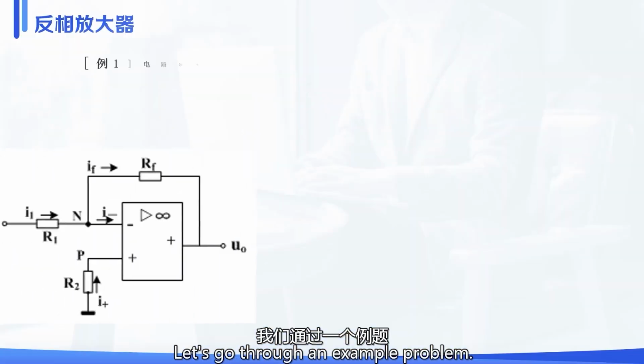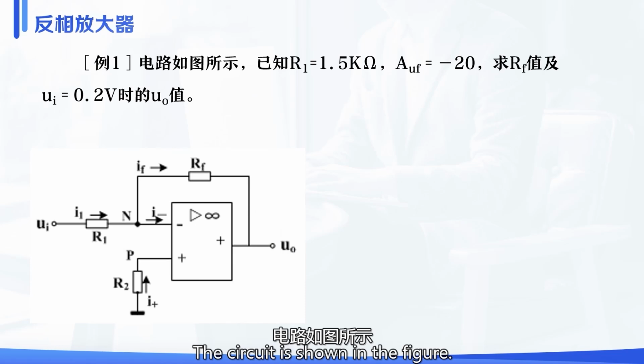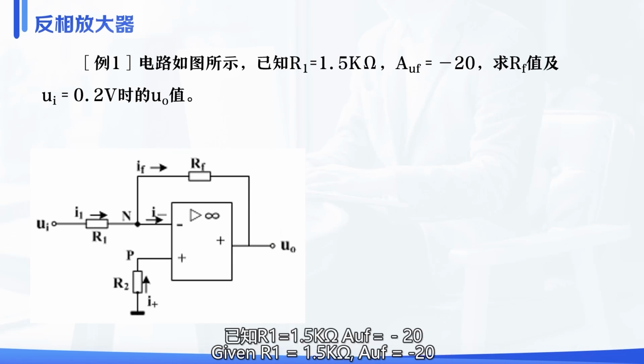Let's go through an example problem to illustrate how to calculate the output voltage. The circuit is shown in the figure. Given R1 equals 1.5 kilohms, AUF equals minus 20.